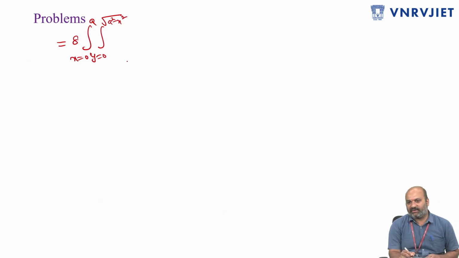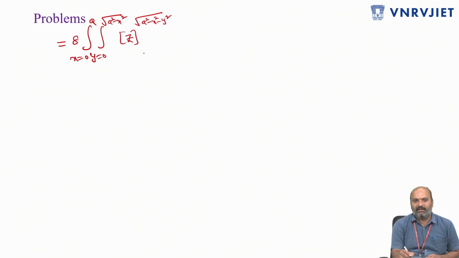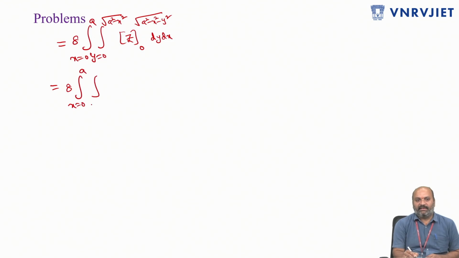Integrating with respect to z, the integrand is 1, and the integral of 1 dz is z, with upper limit root over a square minus x square minus y square and lower limit 0, dy dx. This equals 8 times the integral x from 0 to a, integral y from 0 to root over a square minus x square. Instead of z, we substitute the upper limit as well as the lower limit. The upper limit is root over a square minus x square minus y square and the lower limit 0 has no contribution. So it is root over a square minus x square minus y square dy dx.